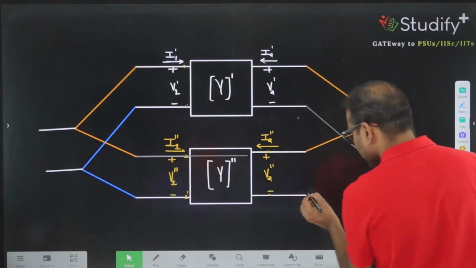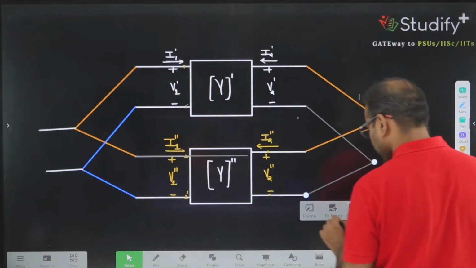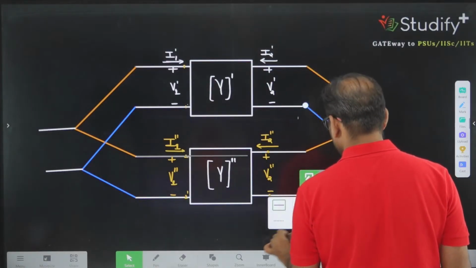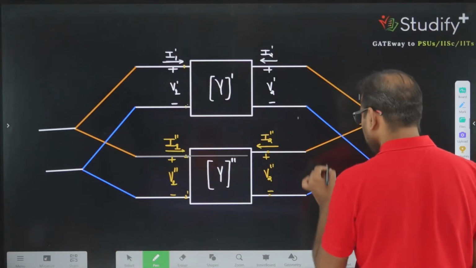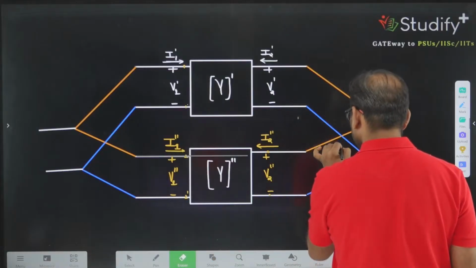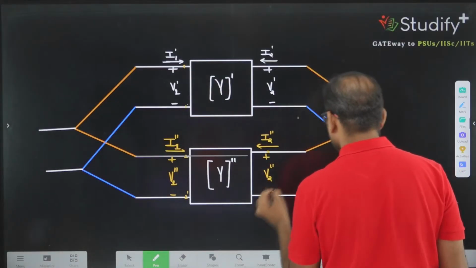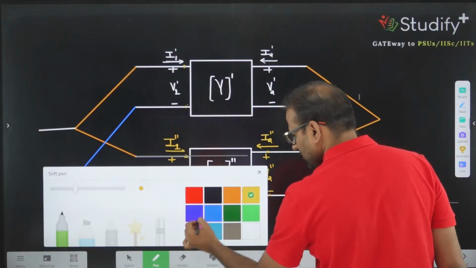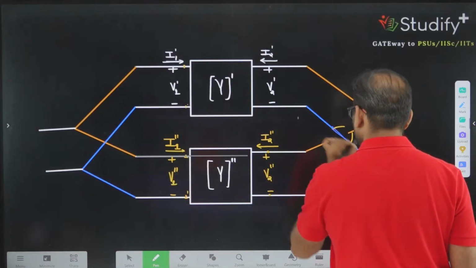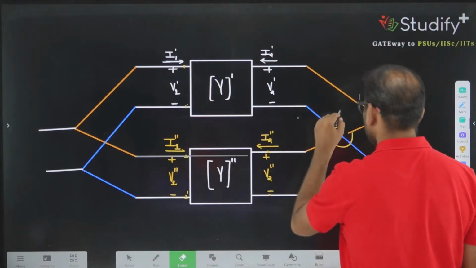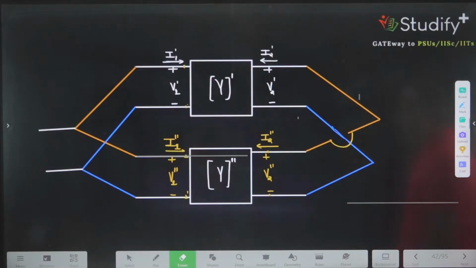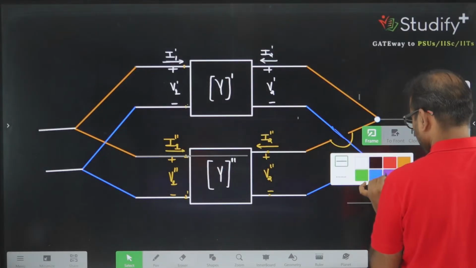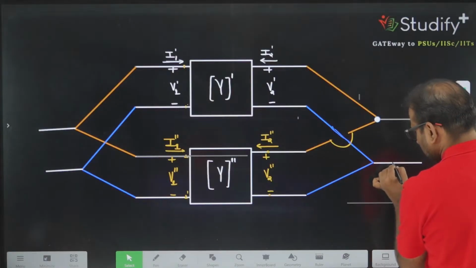And we are having one output terminal, these are two output terminals.